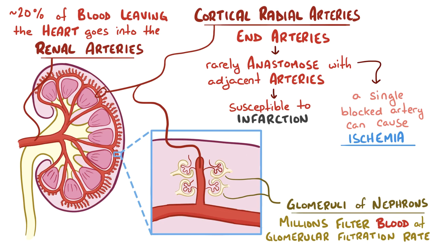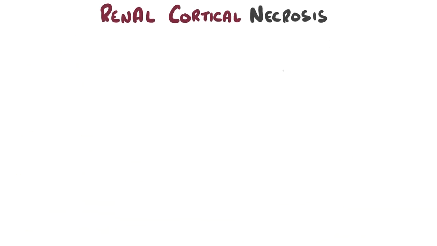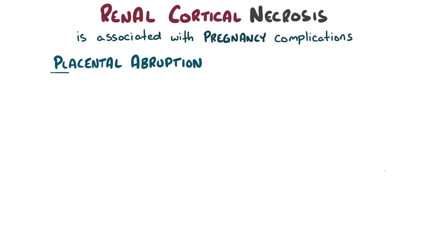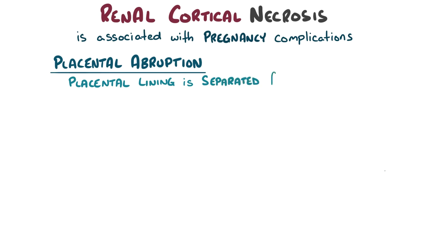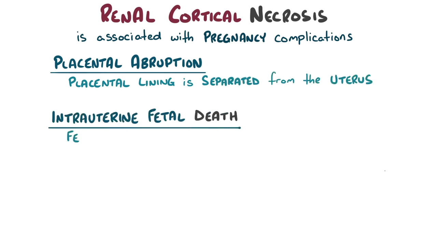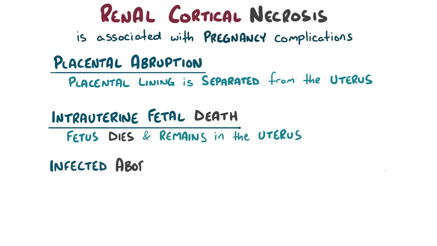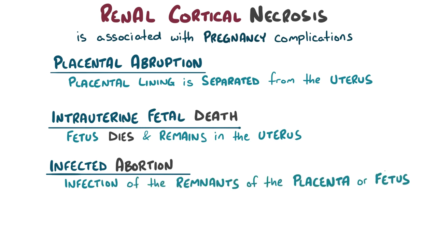Some causes of reduced blood flow or a complete blockage are thrombi, which are blood clots that fill the blood vessels, and vasospasm, which is the narrowing of a blood vessel. Interestingly, renal cortical necrosis has been associated with pregnancy complications, like placental abruption, which is when the placental lining is separated from the uterus, as well as prolonged intrauterine fetal death, which is when the fetus dies and then remains inside the uterus, and infected abortion, which is when there's an infection of the remnants of the placenta or fetus.